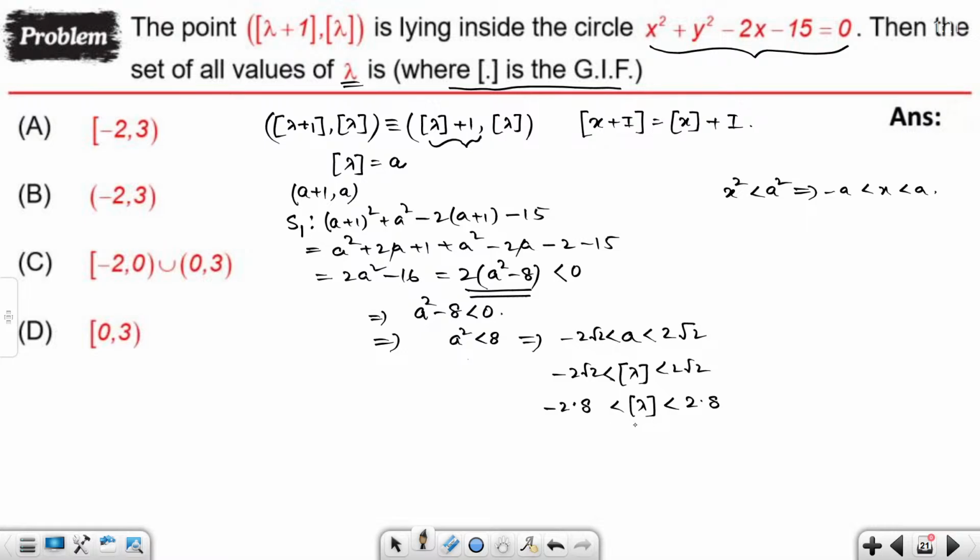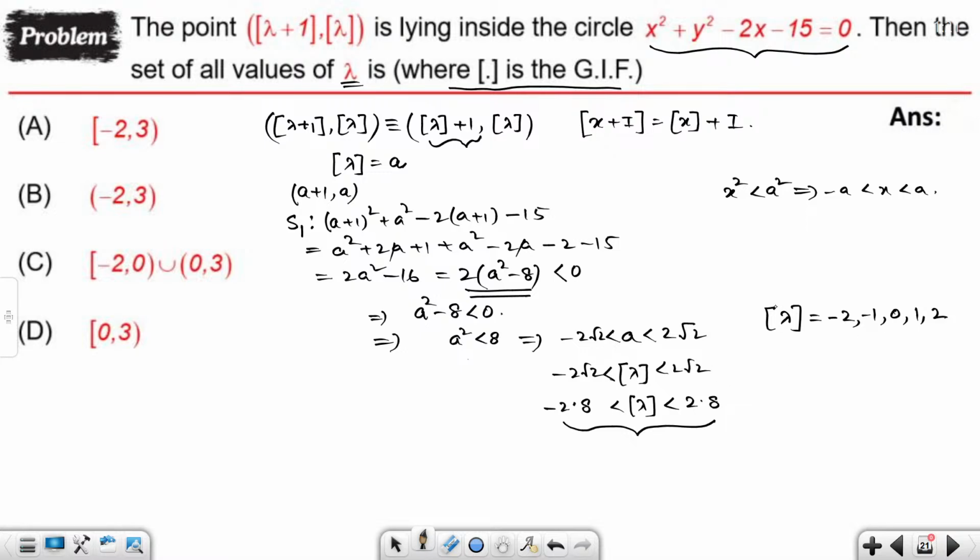Now here it is box. So in this range, we have to find out what are the integers, because box x is always an integer. So your box lambda can take the values minus 2, minus 1, 0, 1, yeah, 2.